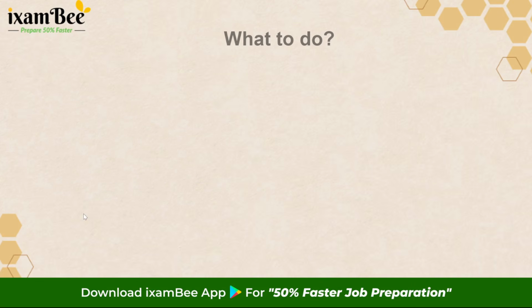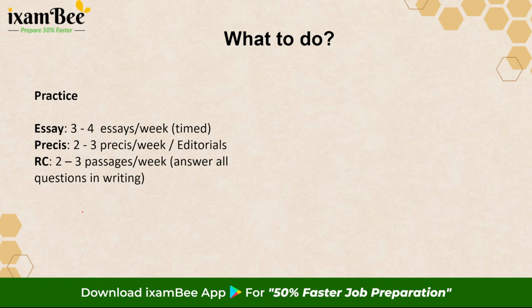So now what is the way forward? Please do not wait for the phase 1 result. Start practicing. You should be practicing 3 to 4 essays per week in a timed manner, not just randomly. A Precis, again 2 or 3 Precis in a week.